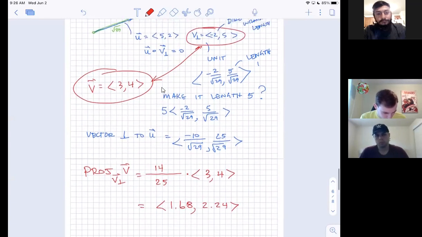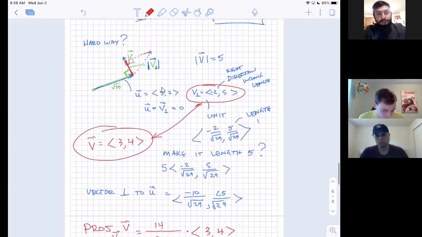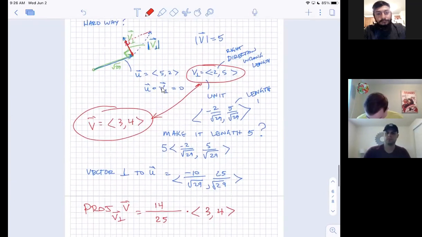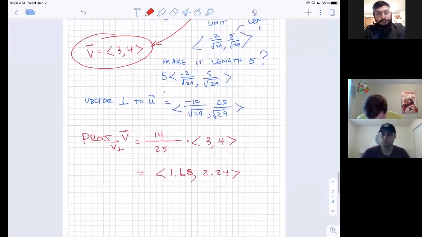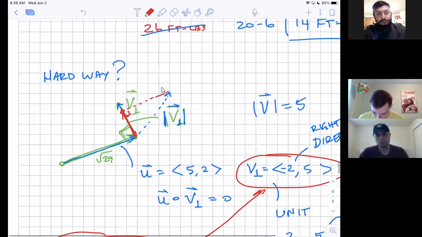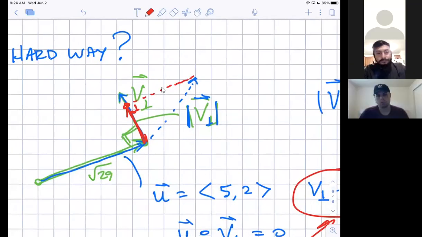Did I lose some negative signs? We'll have to pick this up tomorrow, but that's bothering me because notice those two numbers are both positive. Anybody see any mistakes? Those two numbers came out both positive, and yet isn't our vector have a negative x and a positive y?